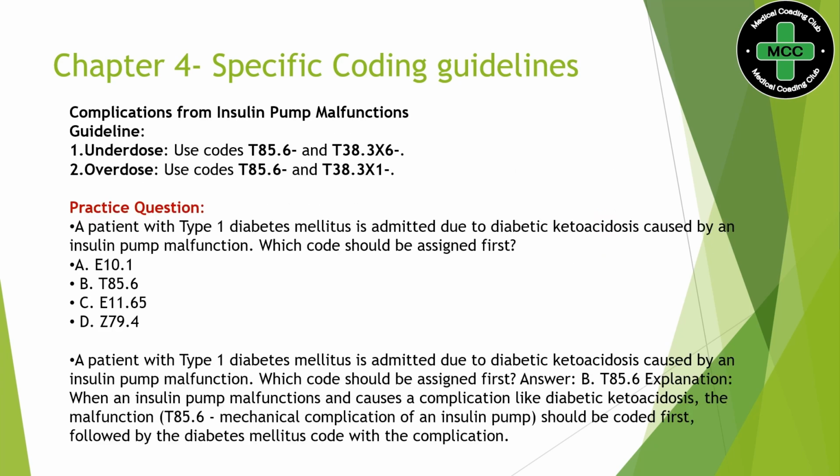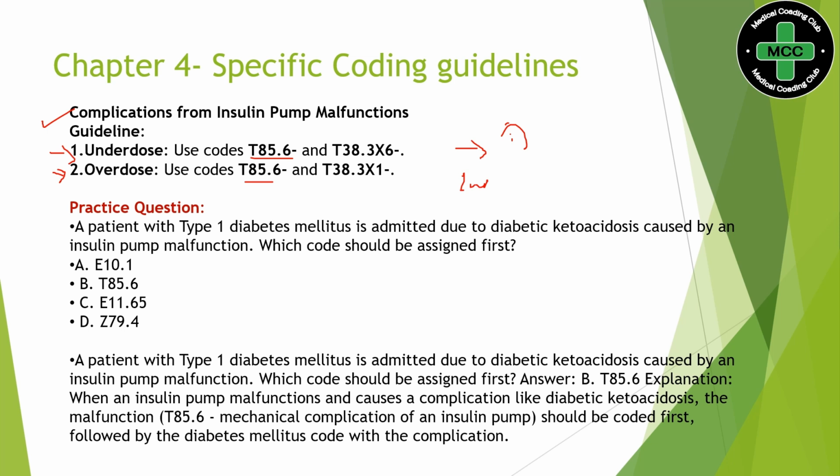Next important coding guideline is complication from insulin pump malfunction. Pump malfunction can lead to underdose or overdose. Whenever we are sequencing ICD codes regarding pump malfunction, the mechanical complication should be coded first. The T85.6 series should be coded first, and the secondary code we will code based on the documentation.